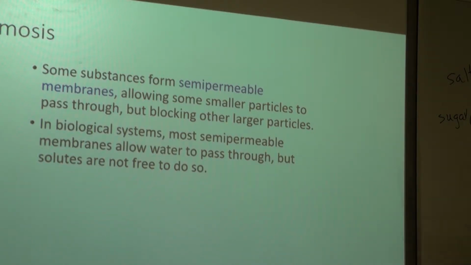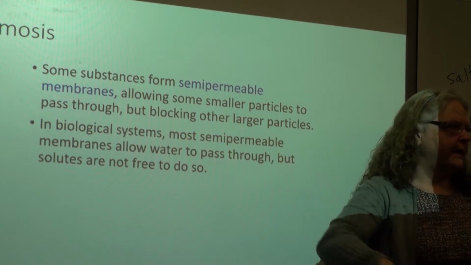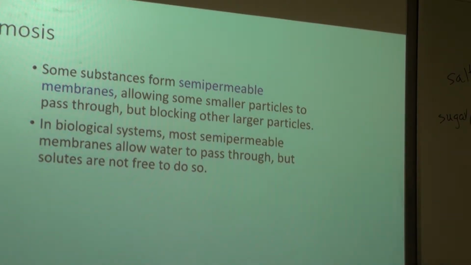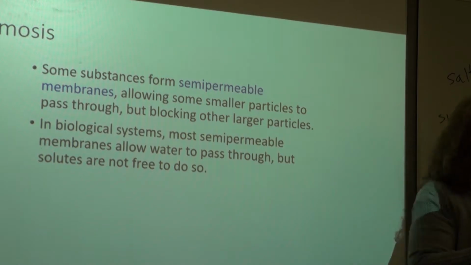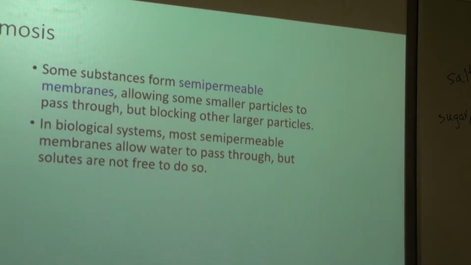So we have what we refer to as semi-permeable membranes. What semi-permeable membranes do is they let some things cross over and not everything, all right? So some molecules are allowed to cross and some are not. A lot of times we think of this as they let little things through and block larger things, but that's not always the case.